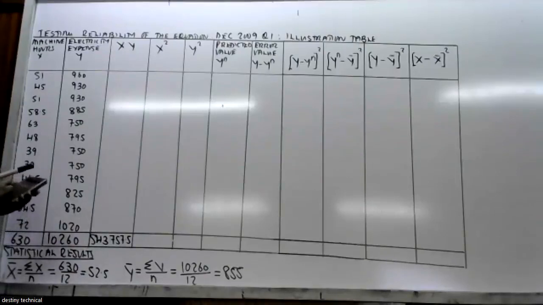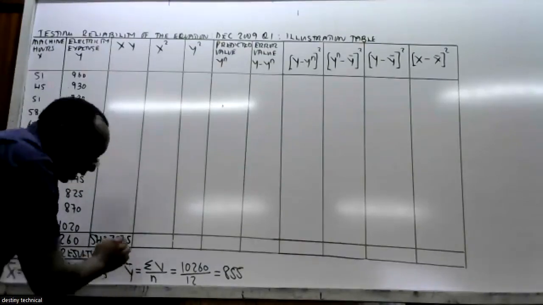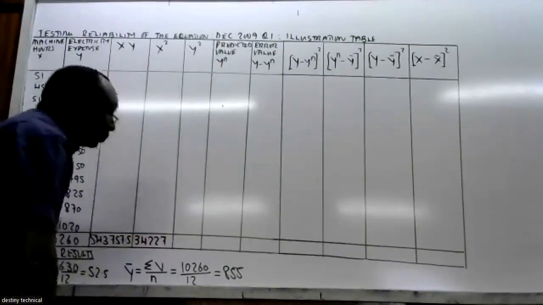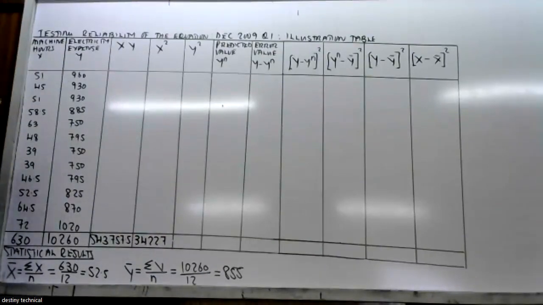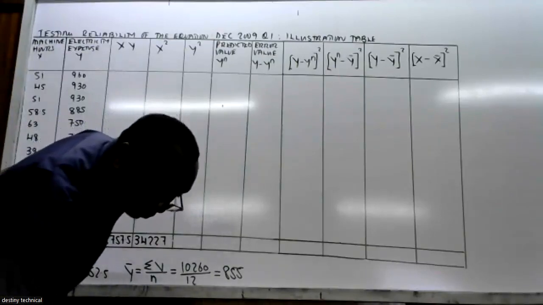So let's get the next ones. Let's go to x squared. 51 squared plus 45 squared plus 51 squared plus 58.5 squared plus 63 squared plus 48 squared plus 39 squared plus 39 squared plus 46.5 squared plus 52.5 squared plus 64.5 squared plus 72 squared. Tell me whether you get 34,227. Yes.